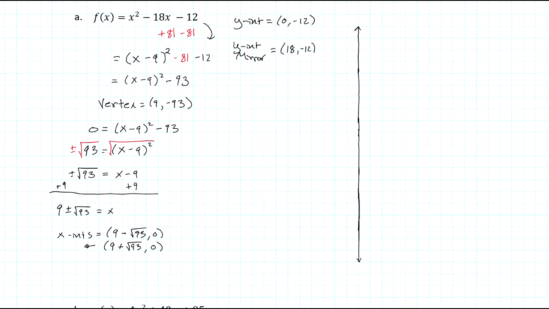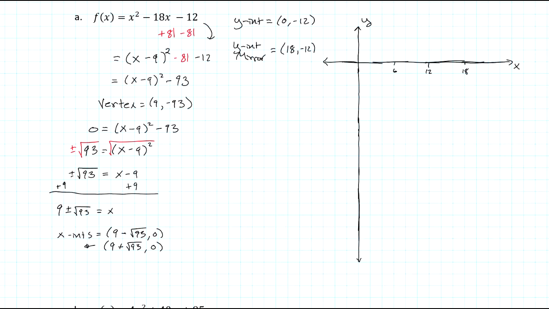So we can put the x-axis really high up here, and we want 18 all the way across here. So that's 6, 12, and 18 here. 18 for that mirror point, right?